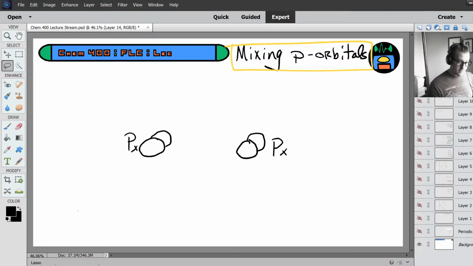Now, just like pz, px engages in indirect orbital overlap. So when you mix these two together and they're in phase, need to move these over.